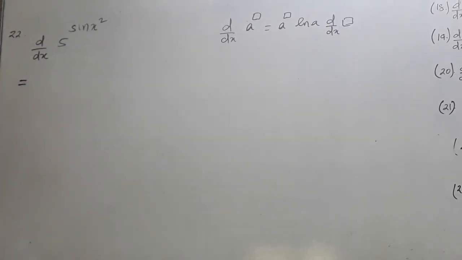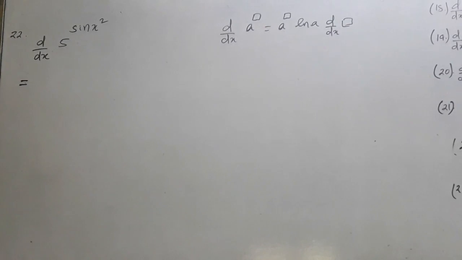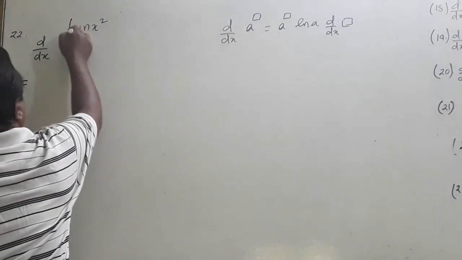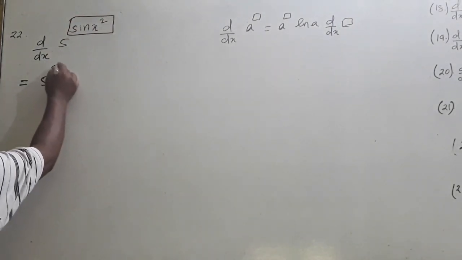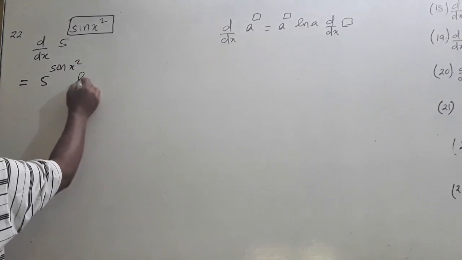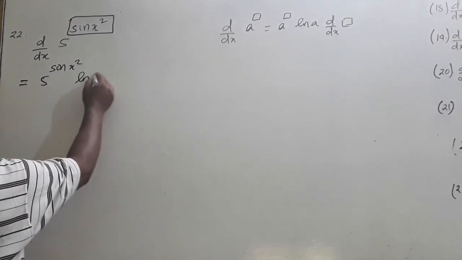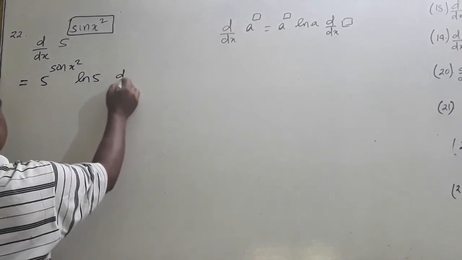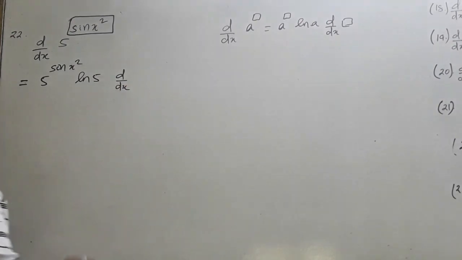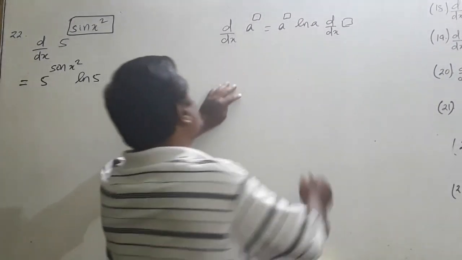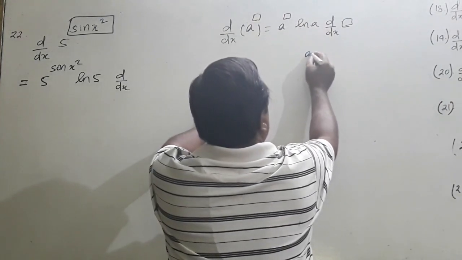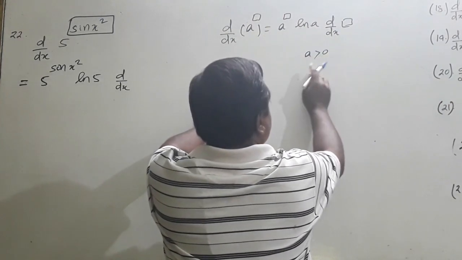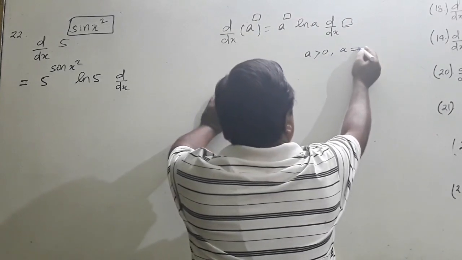Now number 22. It is 5 to the power sin x square. It means 5 to the power box. 5 to the power box, it is what? You should remember this formula: a to the power box is a to the power box ln a into d by dx of box. What is the condition? Remember it: a is greater than 0, but a not equal to 1.